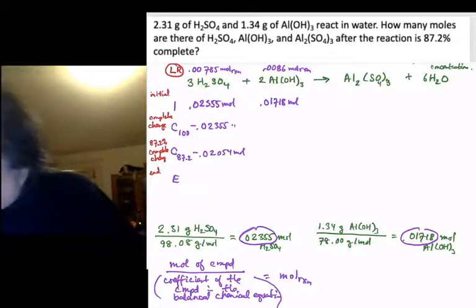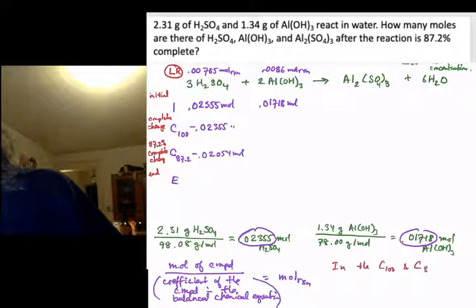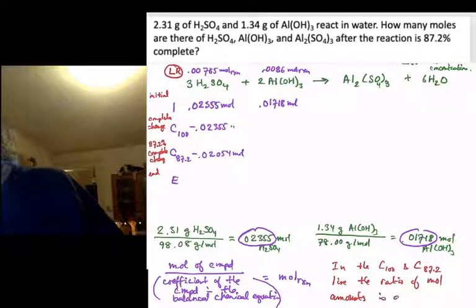In the change line, in the C100 and C87.2 line, the ratio of the mole amounts is dictated by the reaction compound coefficients.